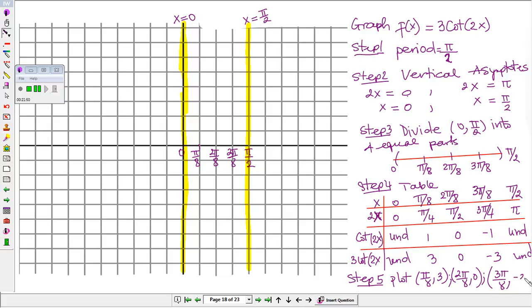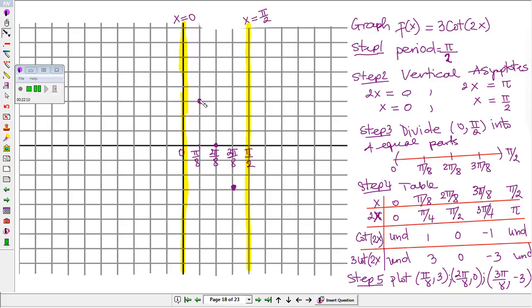And the third point will be 3 pi over 8, comma negative 3. So pi over 8, comma 3, so 1, 2, 3. 2 pi over 8, comma 0. 3 pi over 8, comma negative 3, so 1, 2, 3.